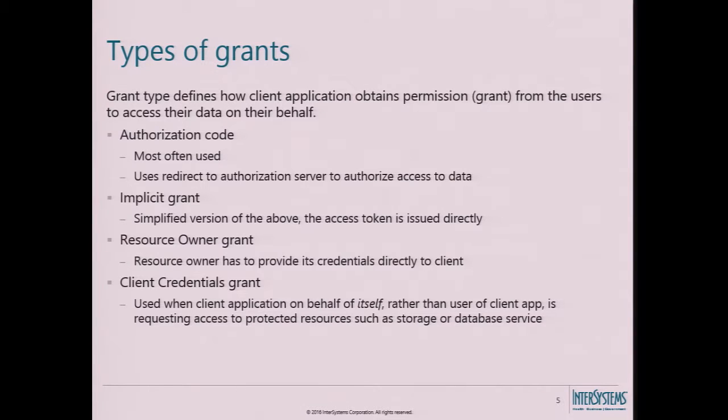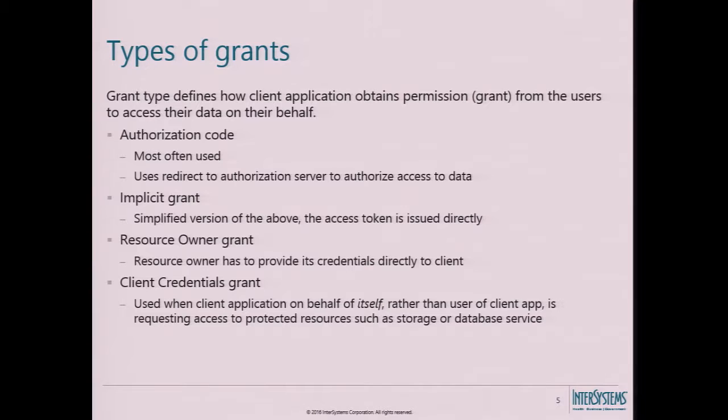In OAuth, we're talking about four different types of grant. The most commonly used one is the authorization code. You grant the access through an authorization code. This is used in cases where user interaction is required, and it's done through HTTP redirection.